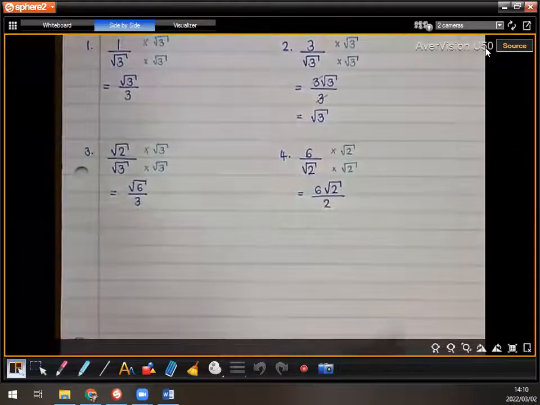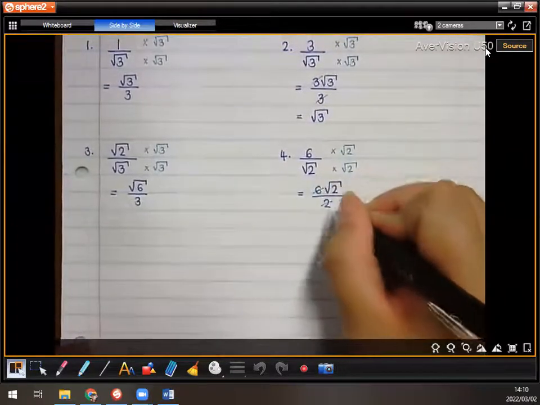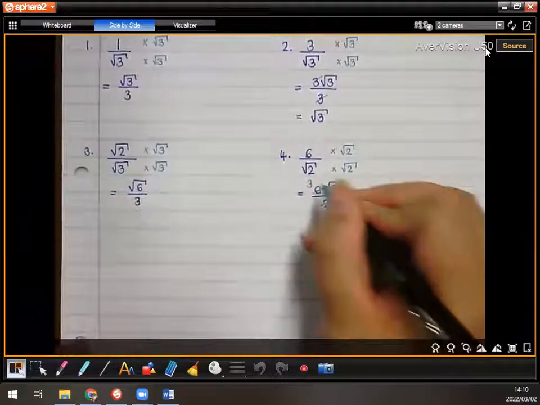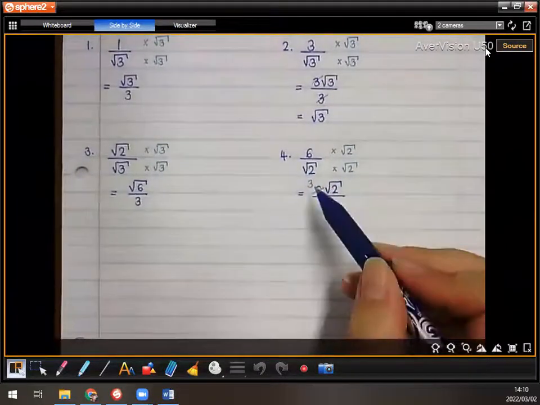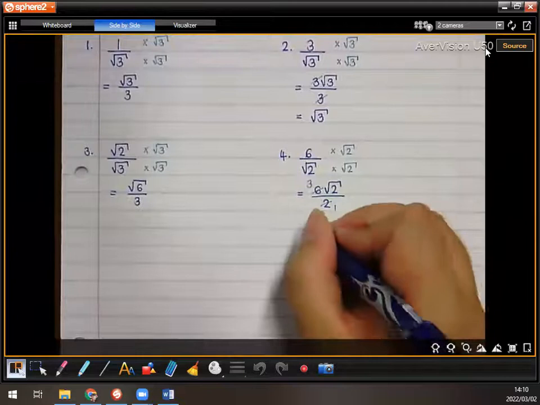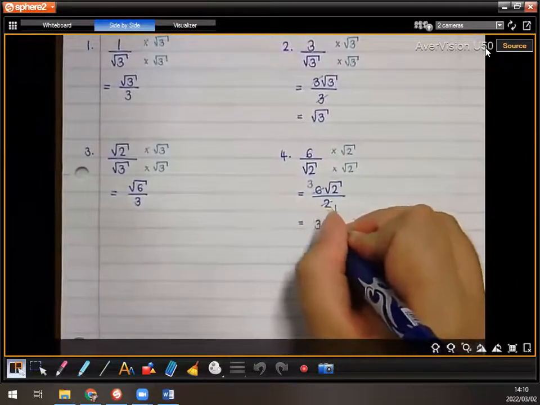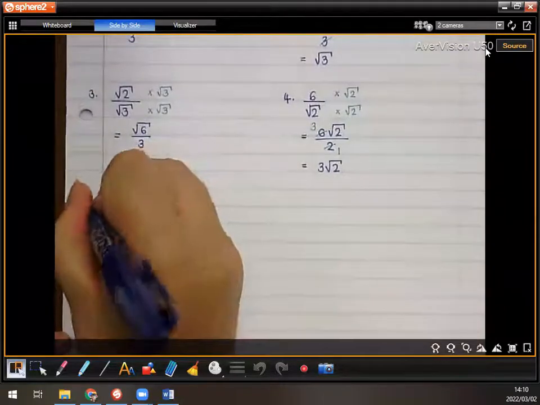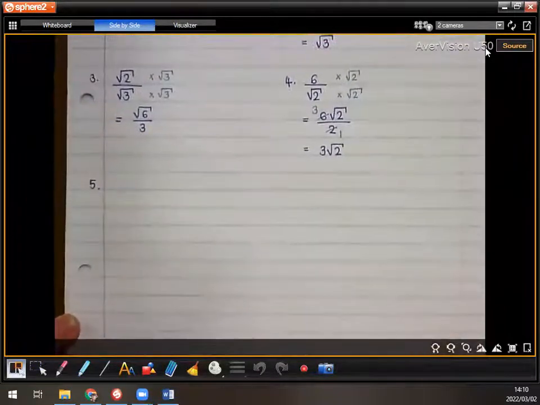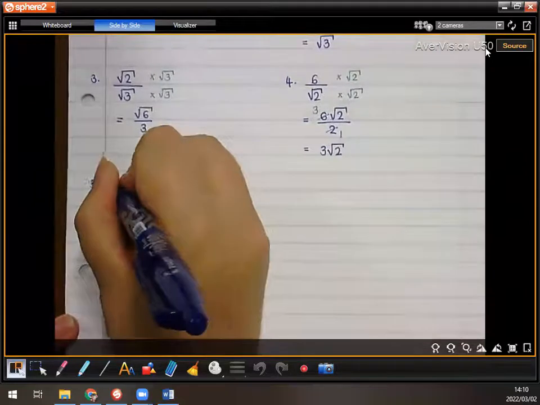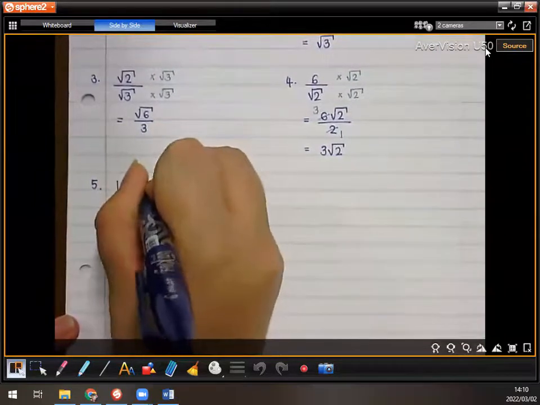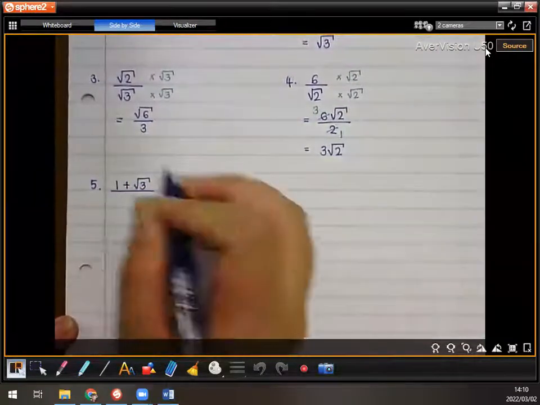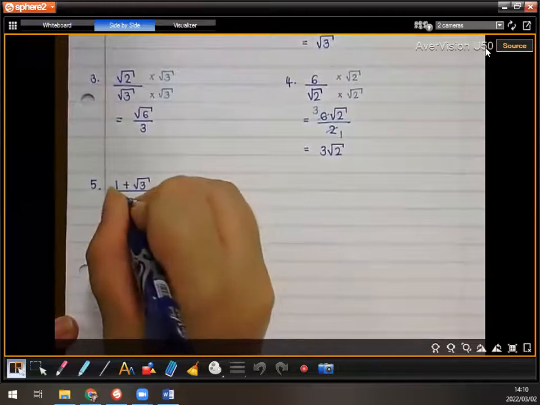And now that you can actually cancel, right? 2 goes into itself once and into 6 3 times, or you can just say 6 divided by 2 is 3. So the answer here is 3 root 2. Okay, how's it looking so far, guys? Good. Right, all fine.